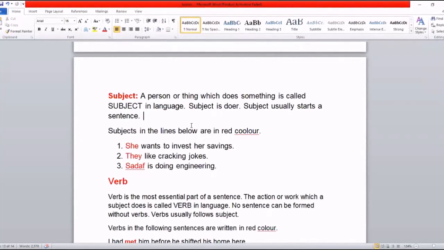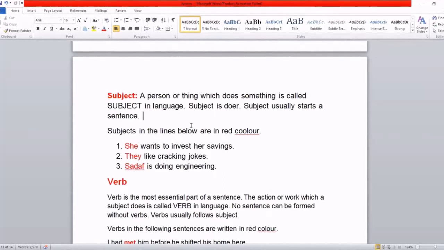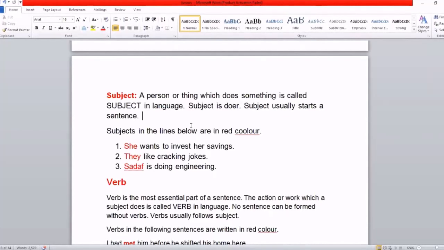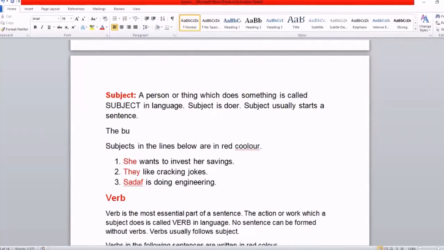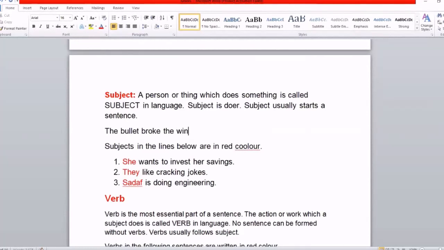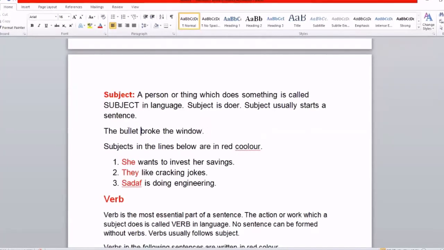Let's say, if I give you a sentence, the bullet broke the window. The bullet broke the window. Now here our subject is bullet.